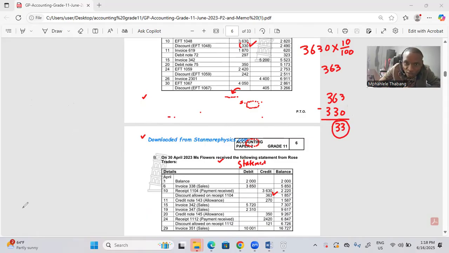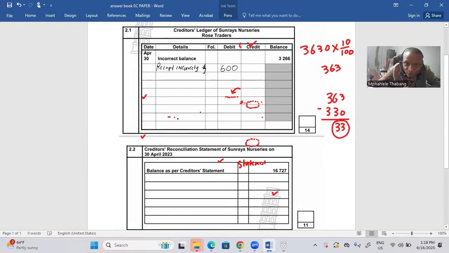Okay. So let me go to the creditors ledger and say, yes, discount under cost. They recorded less of how much? Of 33 rand. The question is, on which side is the discount?